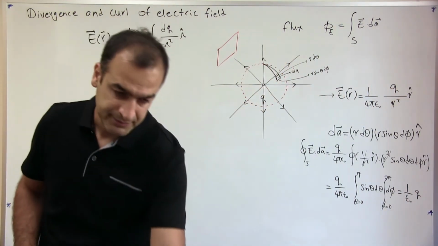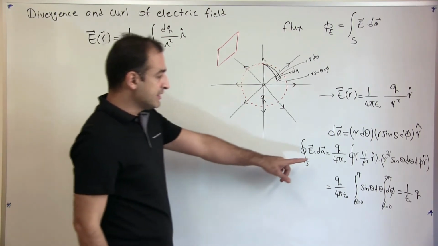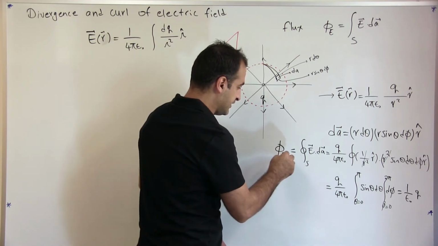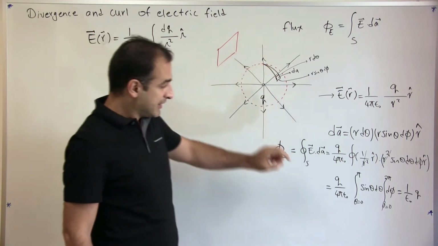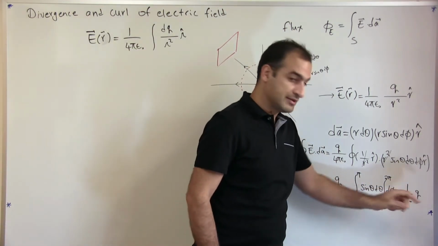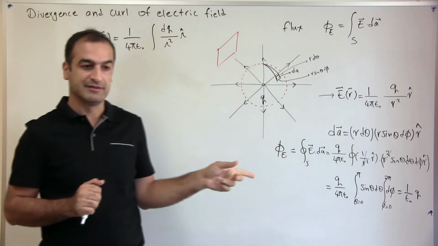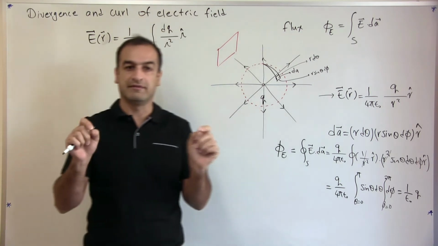So we did this integral, we calculated the electric flux, phi e, over the surface of the sphere, and it turned out to be 1 over epsilon 0 q. There's something interesting about it, and that is the answer is independent of the radius of the sphere.